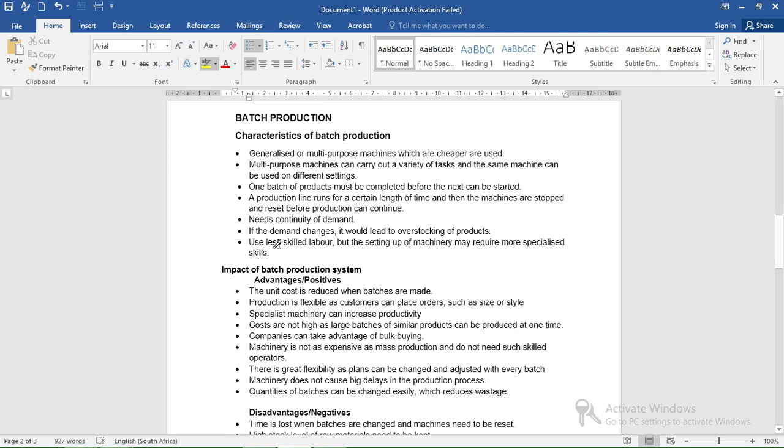Batch production uses skilled labor and semi-skilled labor as well. Just like mass production used a lot of low-end unskilled labor and semi-skilled labor, batch production also uses semi-skilled labor and skilled labor sometimes, who are specialized in operating those machines, right?